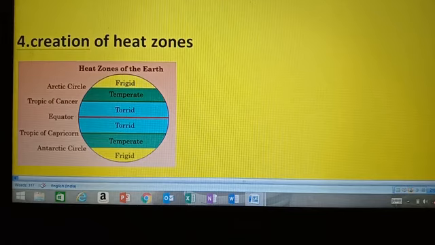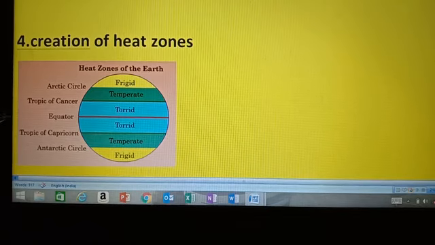Now we will study about creation of heat zones. Mainly there are 3 heat zones: torrid, temperate and frigid. Torrid zone, temperate zone and frigid zone. The heat zones are created due to the differential heating of the sun. Torrid zone is this one.